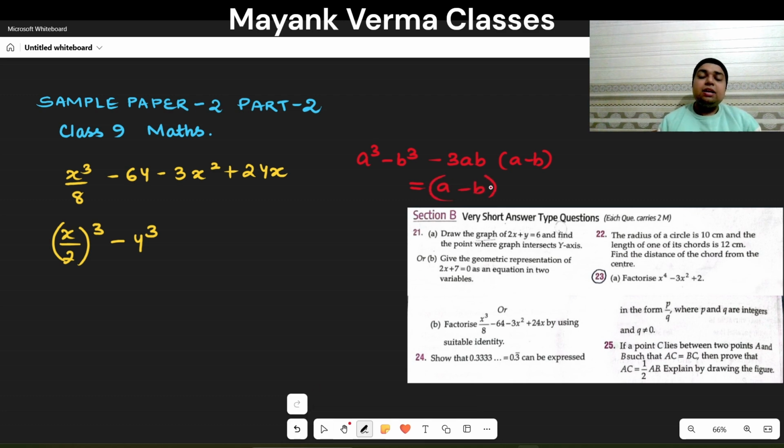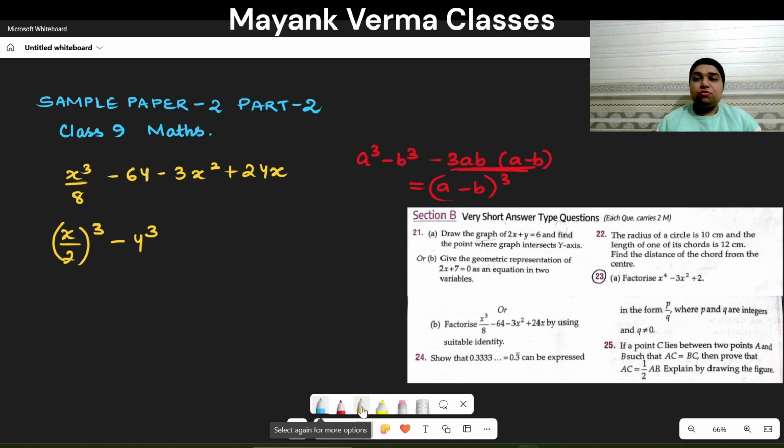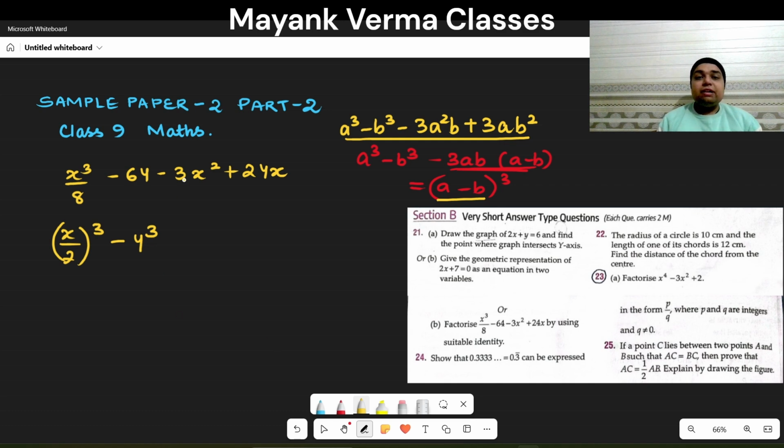This is the identity. But if I expand this second term, I will get another equation which is useful here, that is a cube minus b cube minus 3a square b plus 3ab square. Okay, so this is also equal to (a minus b) whole cube. Alright, so we will try to resemble this because the first two are a cube minus b cube.